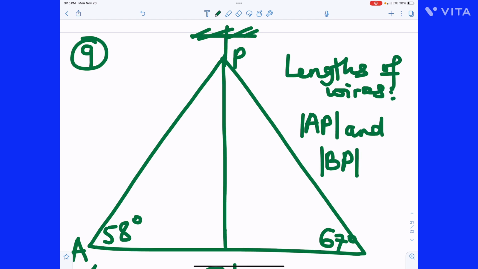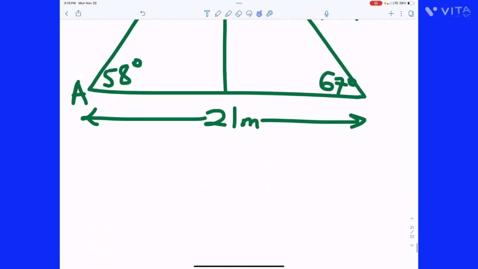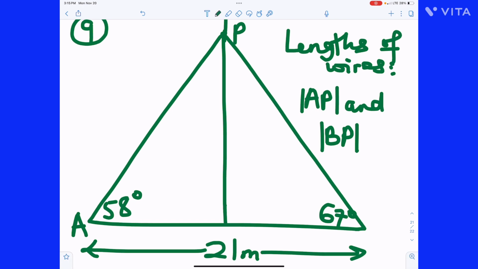That's okay. What we need to do here is very simple. Just find this third angle remaining. We know 58, we know 67. Let's just find P. Assume this is triangle PAB, because this will be B here.